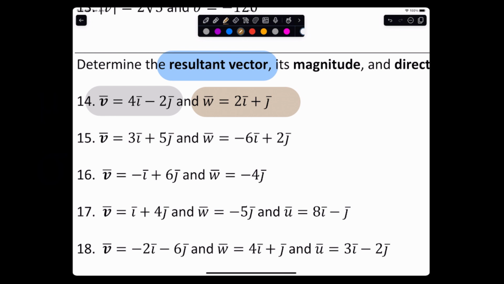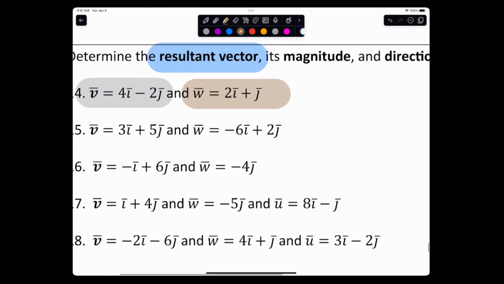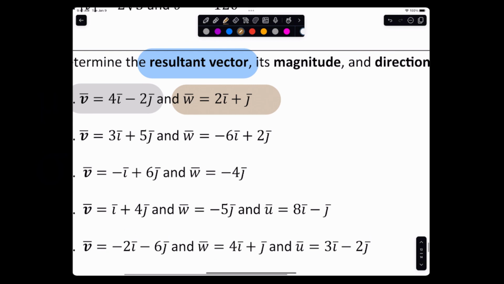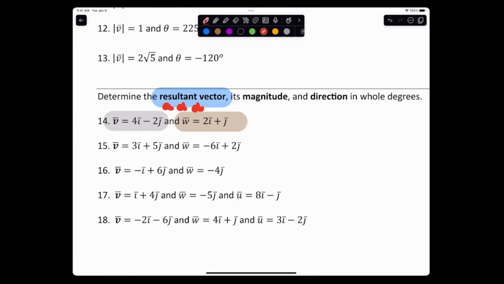And they want to know, can you give me the resultant vector? Now, let's give you the definition of the resultant. You know what the resultant vector is? It's simply when you add your vectors. So I'm going to write that down. Add the vectors. And let's do it in a way where we can actually see the words add.